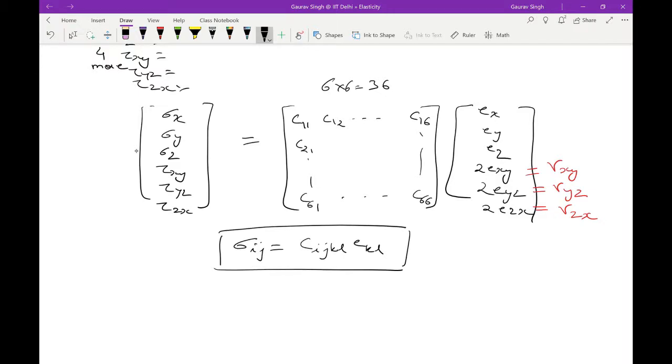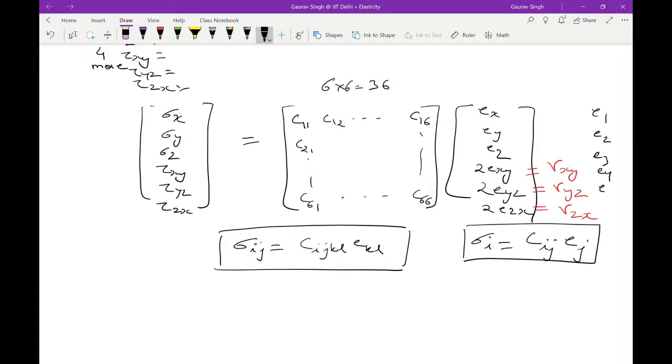And once you consider the symmetry of stress and strain, this can be written as something like this. Okay, so this can be E1, E2, E3, E4, E5, E6. So this is this system and this is the previous one.